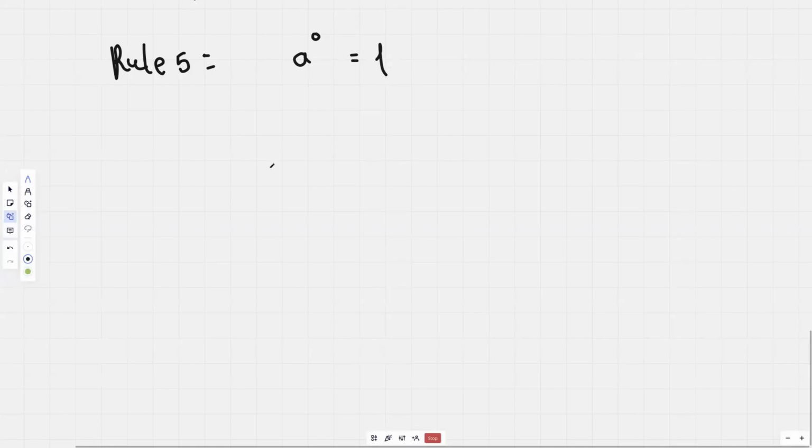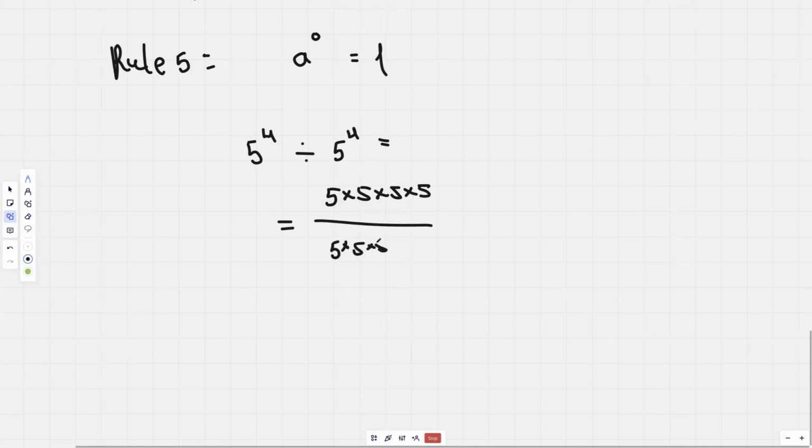For example, let's say 5 to the power of 4 divided by 5 to the power of 4. So this is equal to 5 multiplied by 5 multiplied by 5 multiplied by 5, and then 5 multiplied by 5 multiplied by 5 multiplied by 5. So everything here will be cancelled to each other, 5 to 5, 5 to 5, 5 to 5, and 5 to 5.